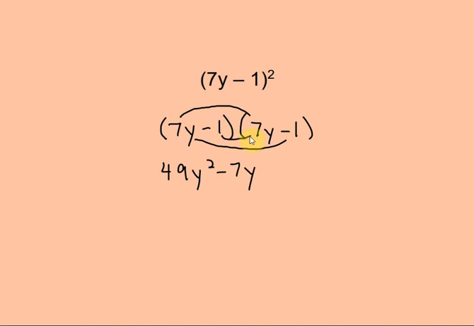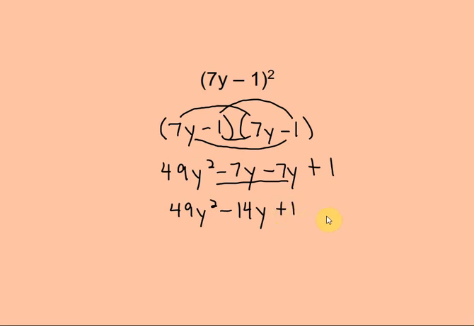And then negative 1 times 7y would give us another negative 7y. And negative 1 times negative 1 would be a positive 1. All right, when I combine my like terms, I get 49y squared minus 14y plus 1.